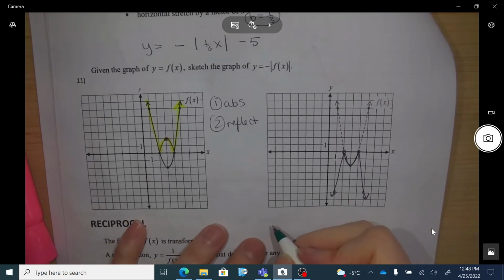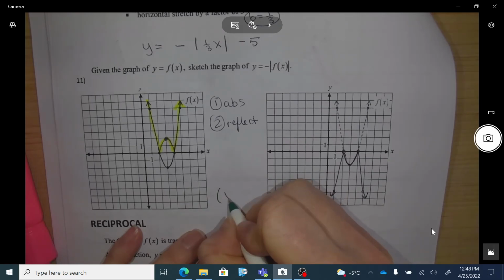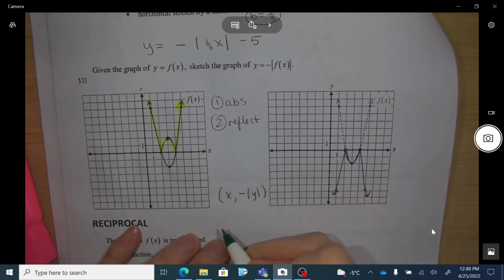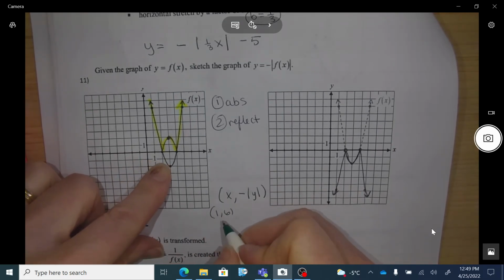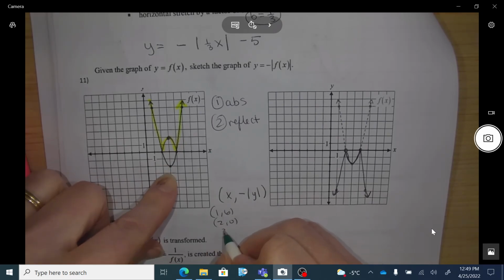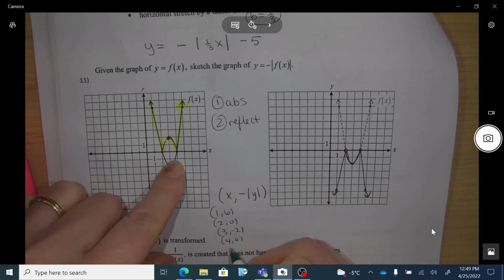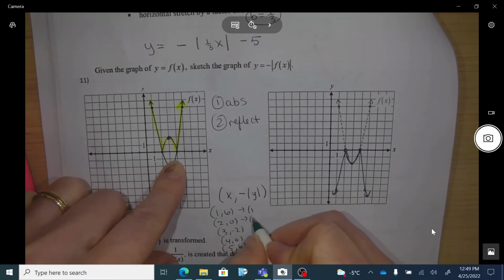If you wanted to do some points, you would be doing nothing with your x, negative outside the absolute. So 1, 6, 2, 0, 3, negative 2, 4, 0, and 5, 6 would become nothing different with x.